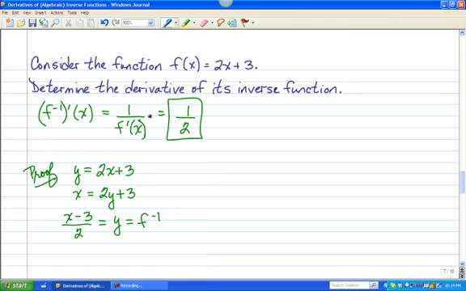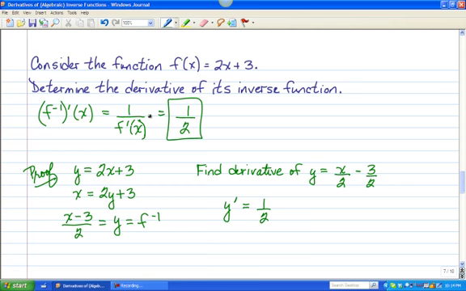Now we want to find the derivative of that. To do that, we might want to rewrite it as x over 2 minus 3 over 2. It'll make it a heck of a lot easier. The derivative then is 1/2.